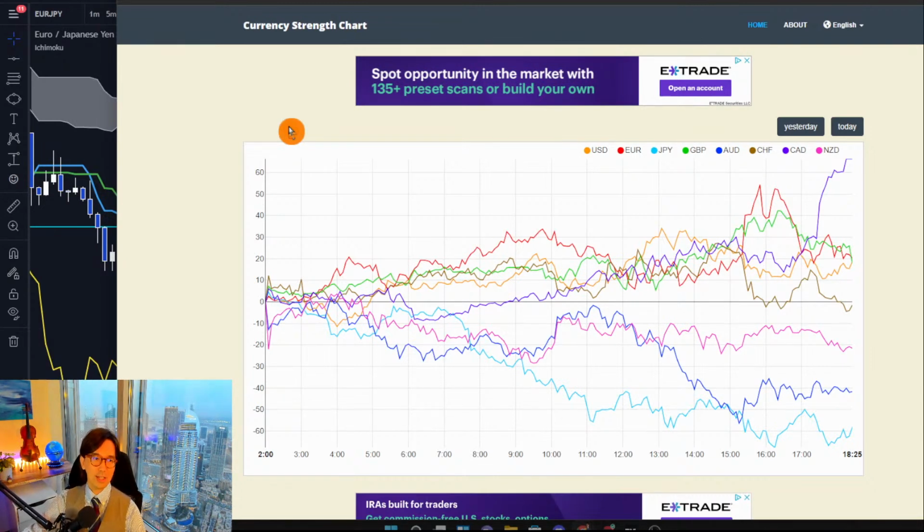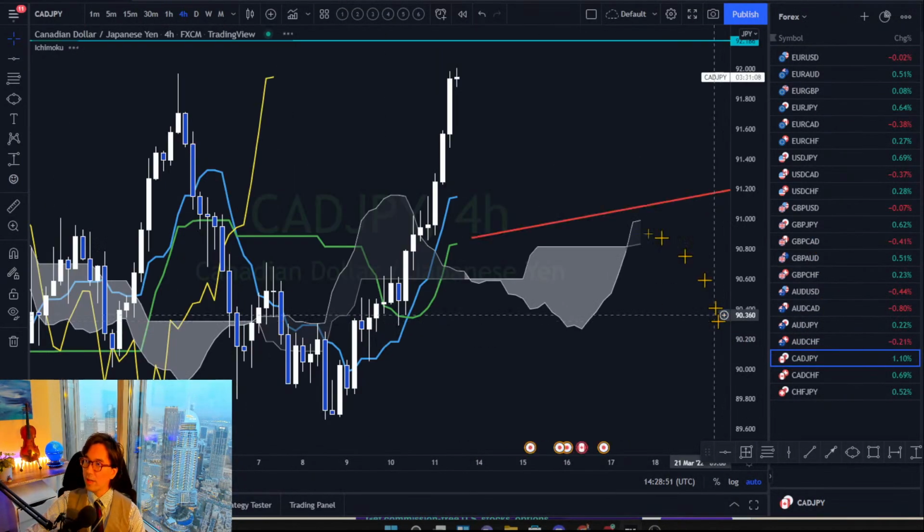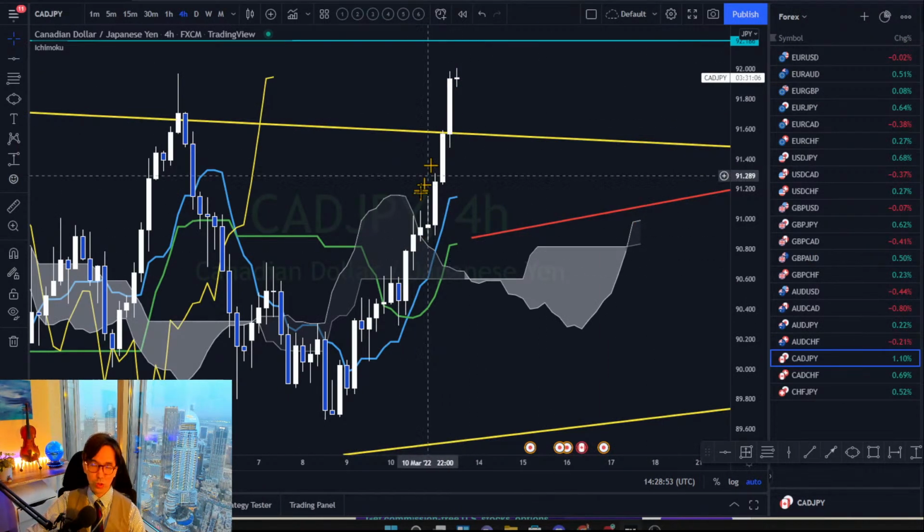the most volatile. So right now, I can see that the CAD/JPY is the most volatile because it's got the widest gap in between two currencies. So that means CAD/JPY is the most volatile, and it has the strongest bullish power. I look at the CAD/JPY, and it has gone up very strong.